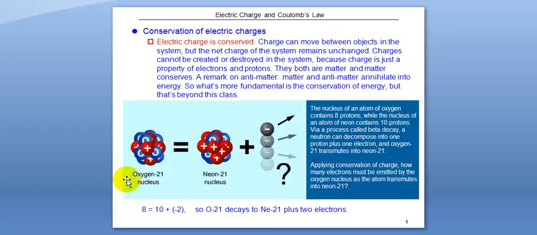Charge can move between objects in the system, but the net charge of the system remains unchanged. Charge cannot be created or destroyed in the system because charge is just a property of electrons and protons. Both are matter and matter is conserved.